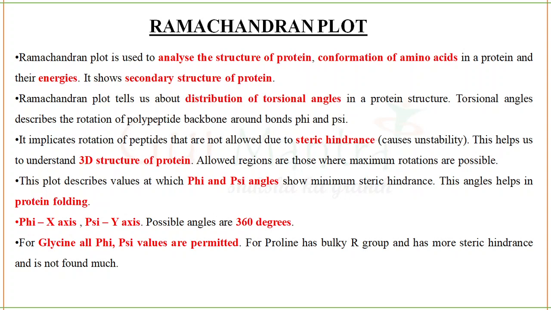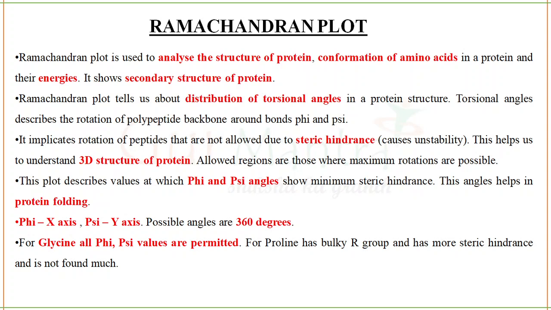In the Ramachandran plot we understand how these bonds rotate, and whether they are able to rotate or not. Torsional angles are basically phi and psi angles. It is a dihedral angle, which tells us about two planes.